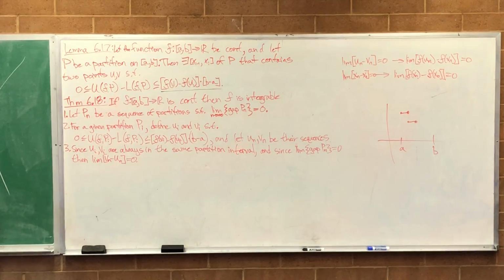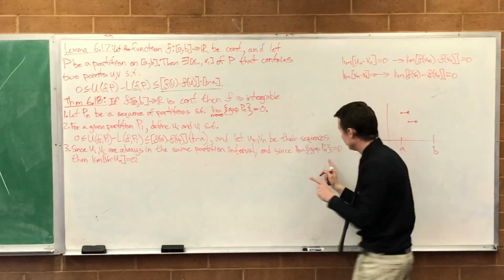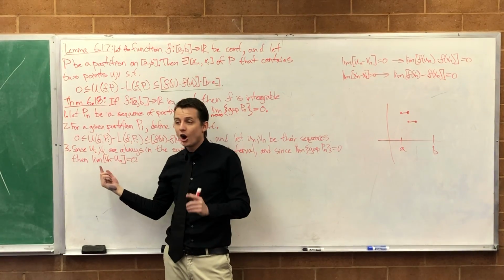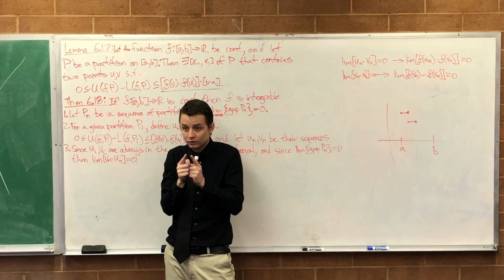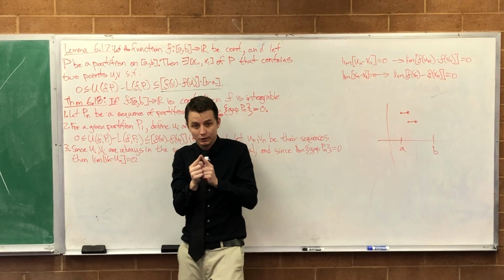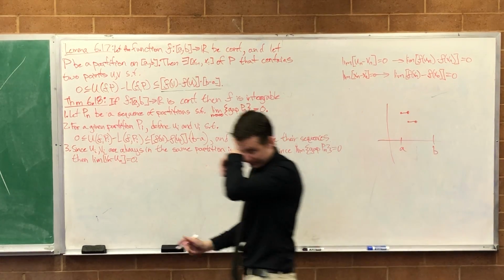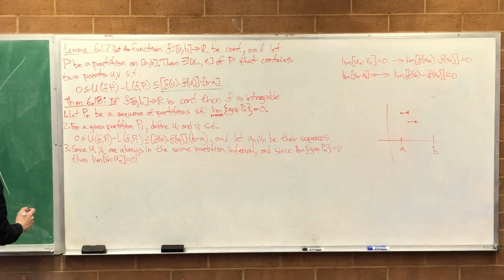So since the biggest partition interval's length goes to 0, and since these two are always in the exact same partition interval, the distance between them has to go to 0. Does that make sense? And now we're using the fact that f is uniformly continuous.